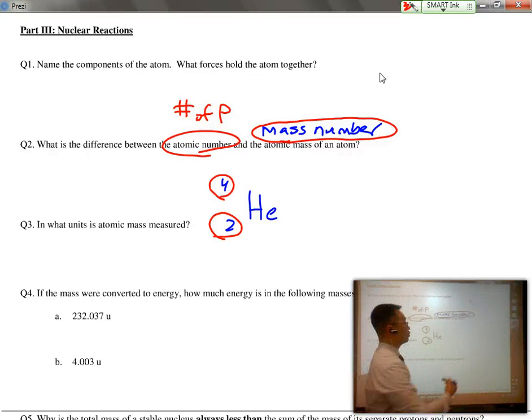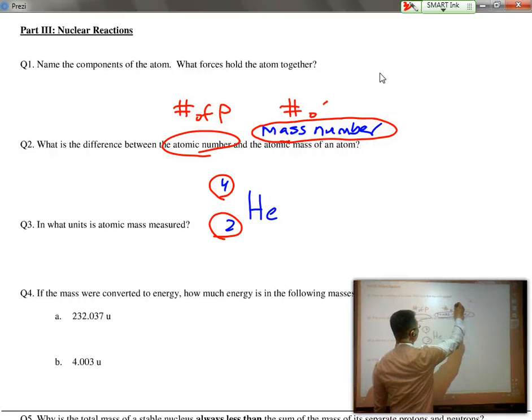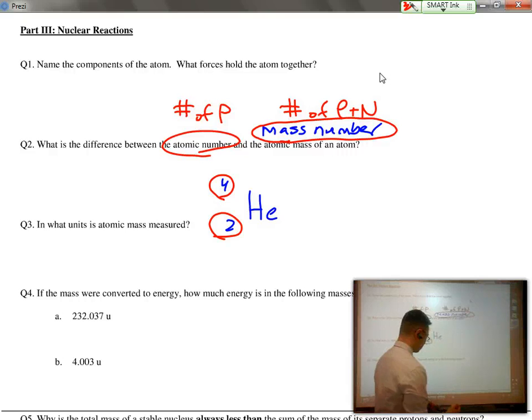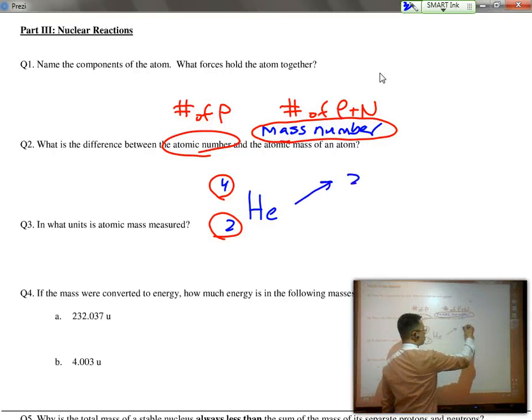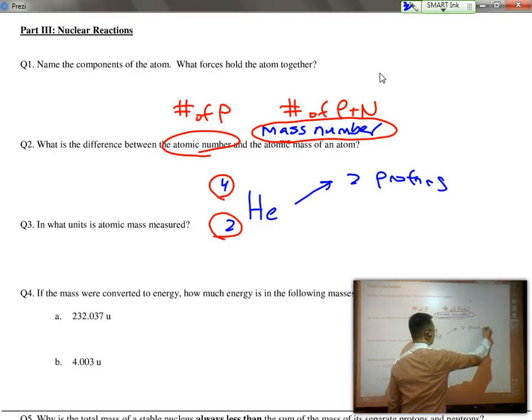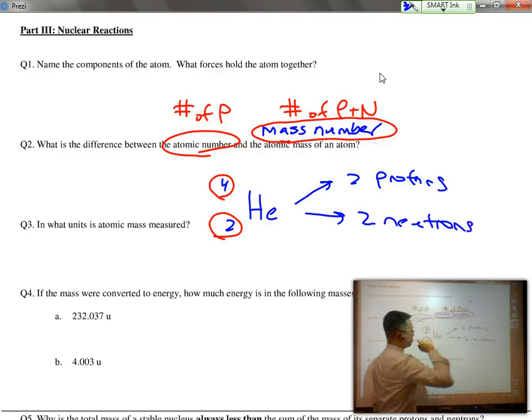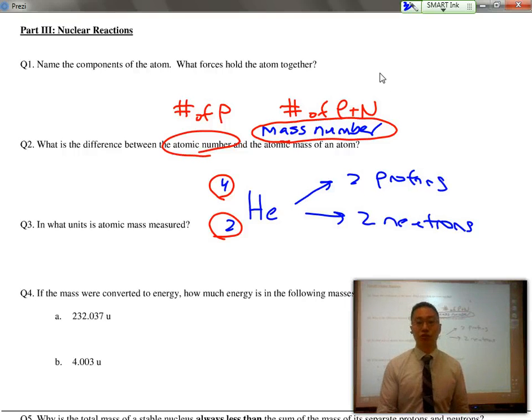The mass number is equal to the number of protons plus neutrons. And so therefore, in this example over here, helium would have 2 protons and 2 neutrons. And any sort of isotope of helium would have a different number of neutrons, but you cannot have a different number of protons in an isotope.